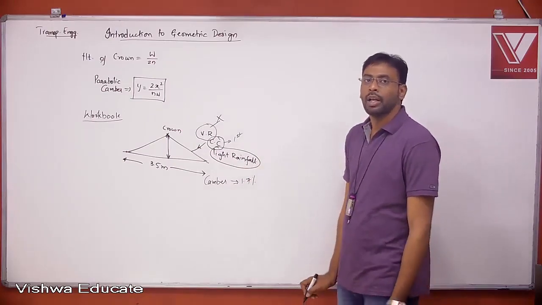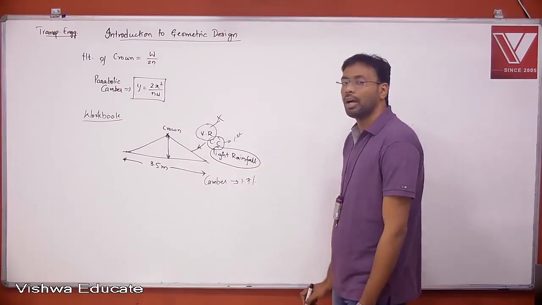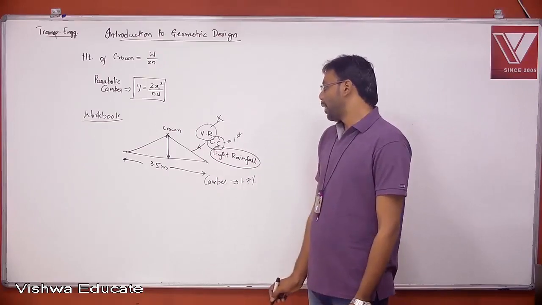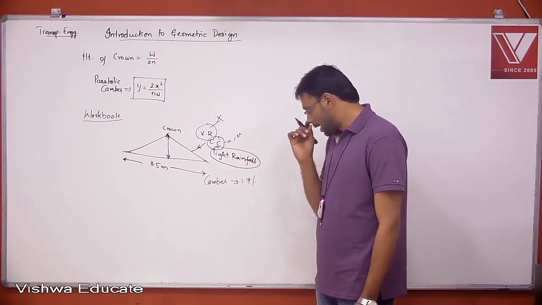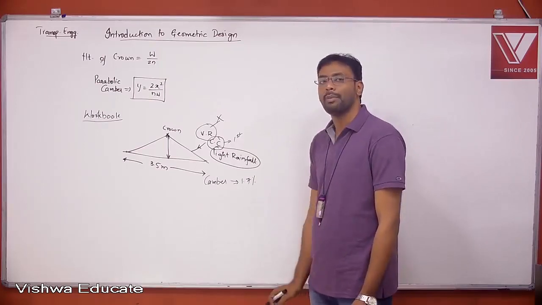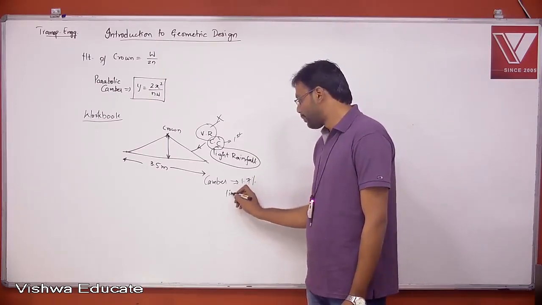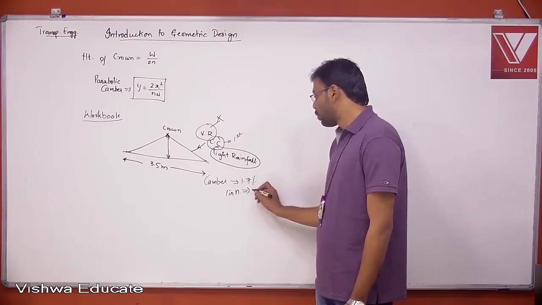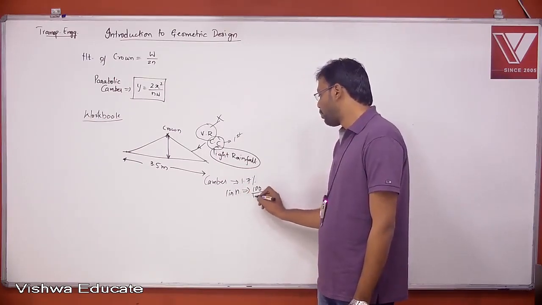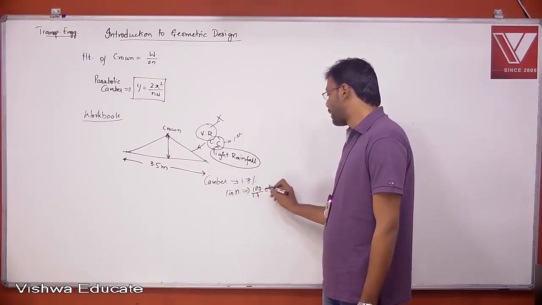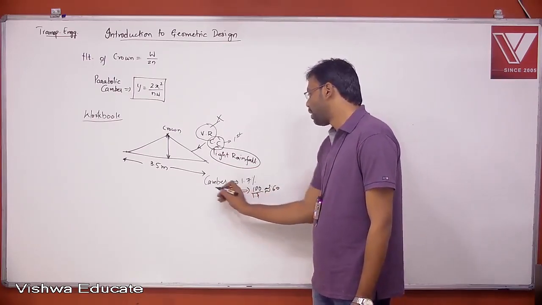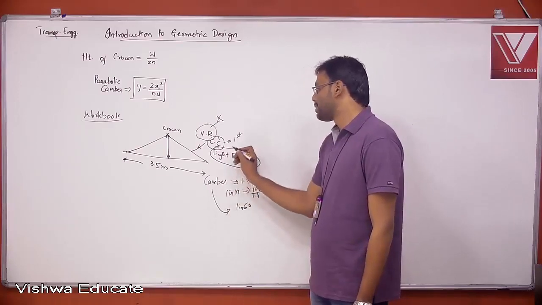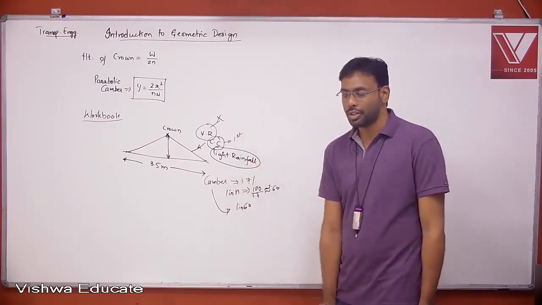I am not concerned about percentages in problems; as I said, in problems we require camber in 1 in n format. So 100 by 1.7 is approximately 60. So 1 in 60 is the camber for a CC road of light rainfall region.